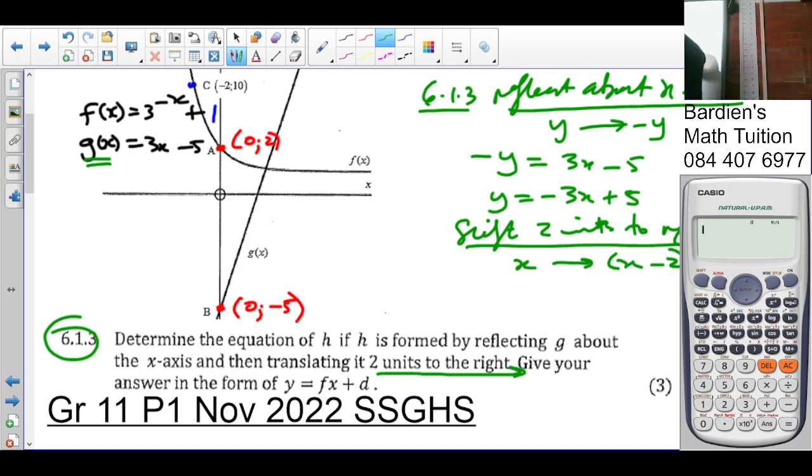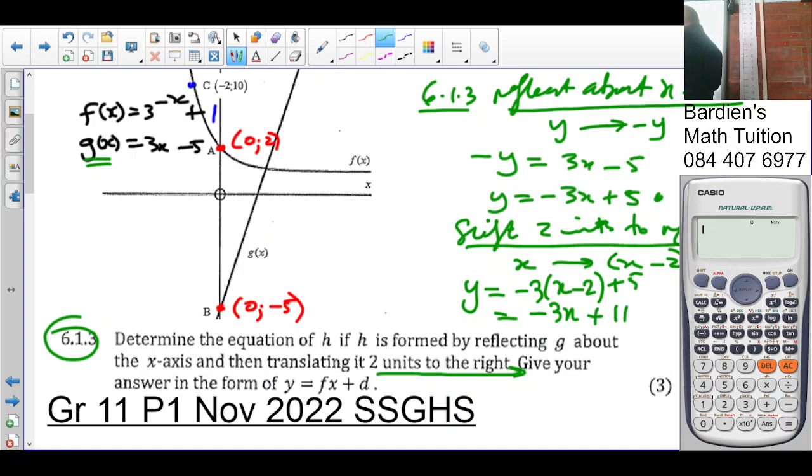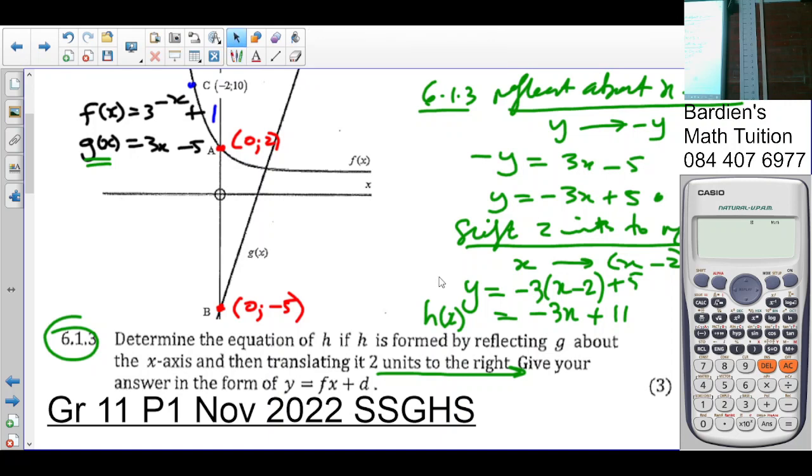We take that from this point here: y is equal to negative 3 into (x minus 2) plus 5, which is negative 3x plus 6 plus 5, which is 11. That is the graph of h of x. Give your answer in the form y is equal to mx plus c, and that is the standard form of a straight line.